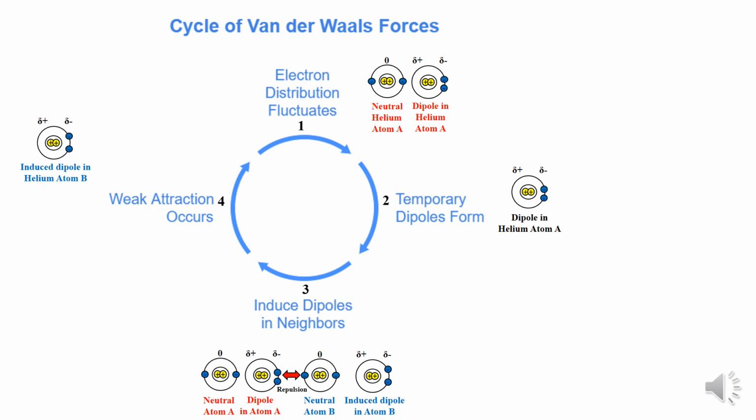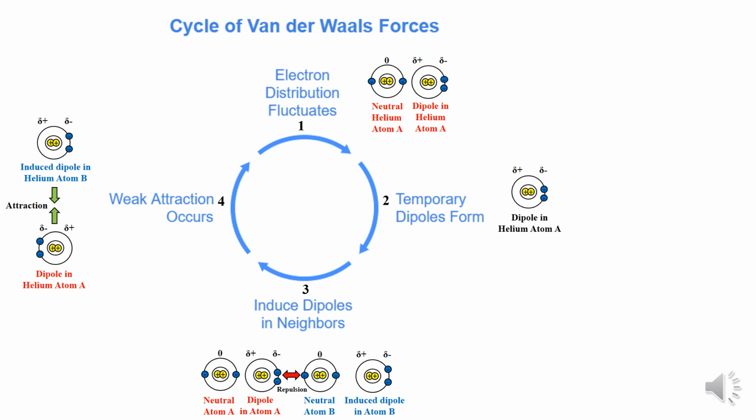Now we have a dipole in helium atom B and a dipole in helium atom A. So end result is a weak attractive force between helium atom A and B with dipoles.